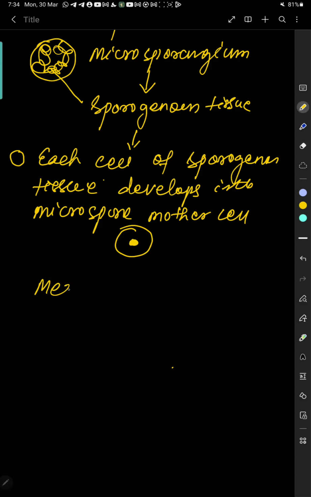Now in case of meiosis, it always takes place in a diploid cell.